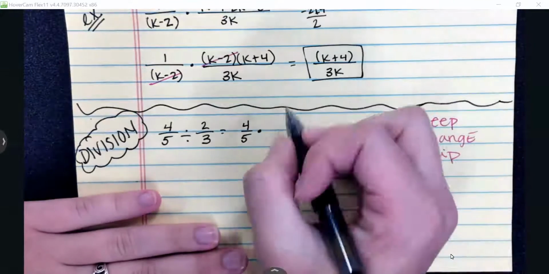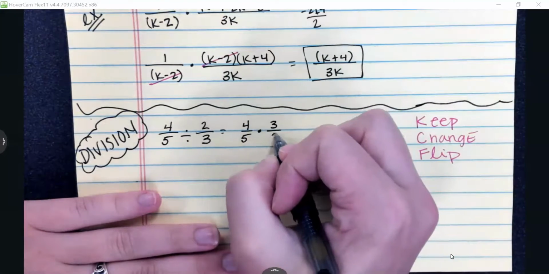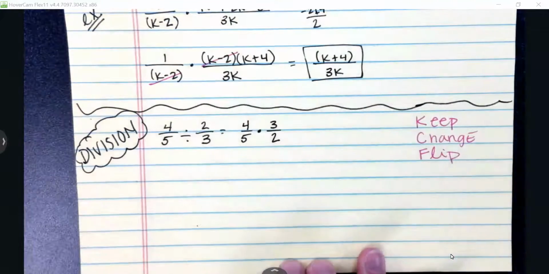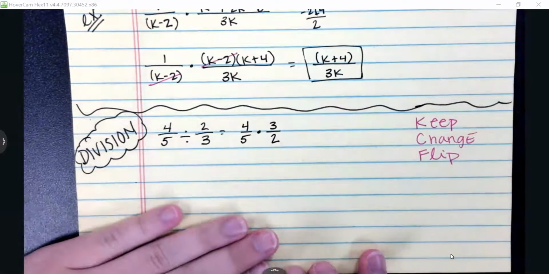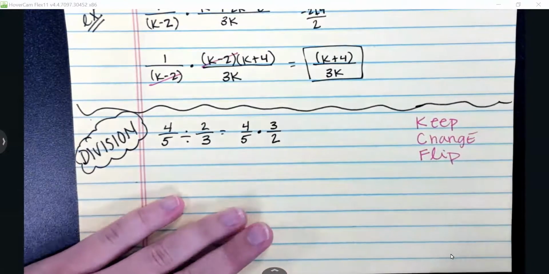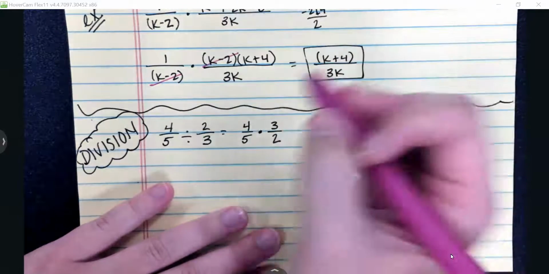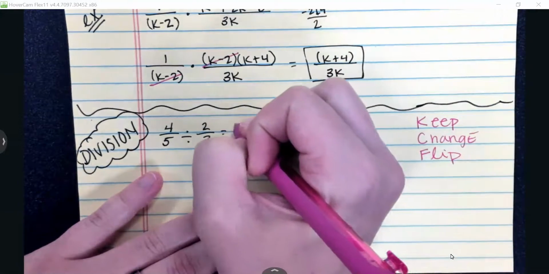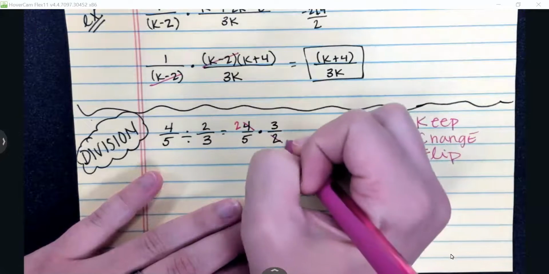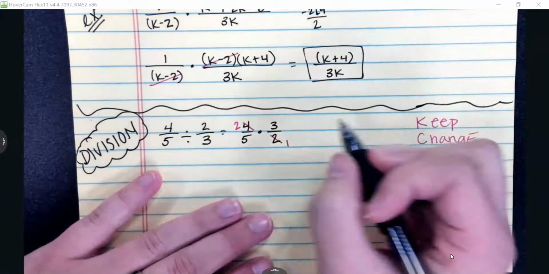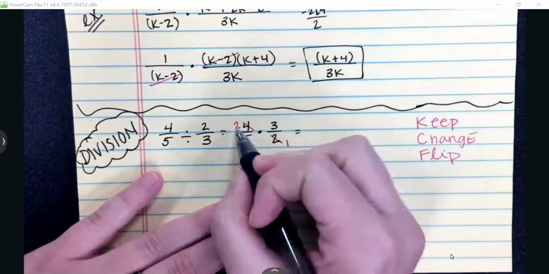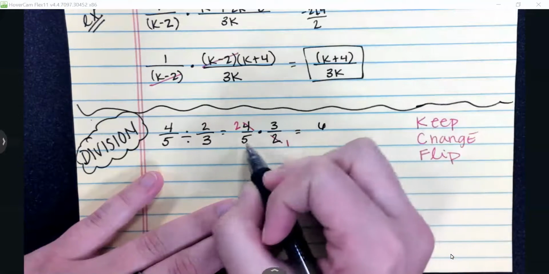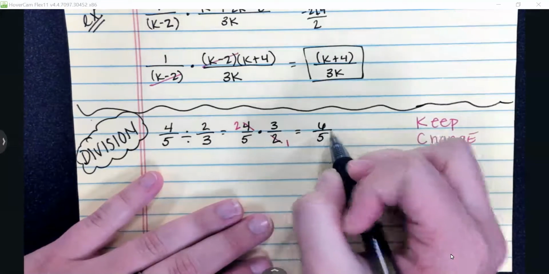So instead of 2/3, it is now 3/2. And now we're back to multiplication. So I can cross simplify. What can I simplify? 2 and 4. So 4 divided by 2 is 2, and 2 divided by 2 is 1. So when I multiply straight across, 2 times 3 is 6, and 5 times 1 is 5.